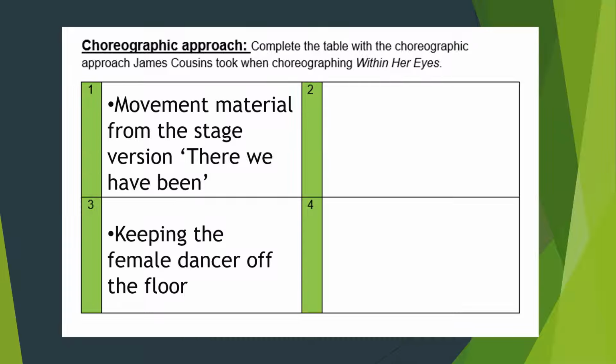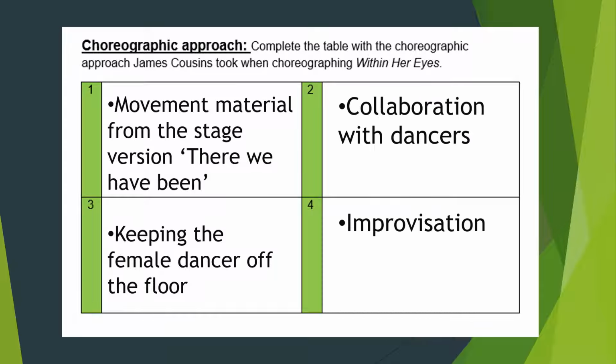He has also set himself the task to keep that female dancer off the floor. So that was also a task and approach that he used. He collaborated with both of the dancers and he used improvisation to create the movement. Okay, again, just pause the video now if you need a second to write that down.